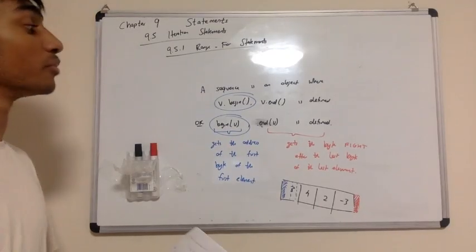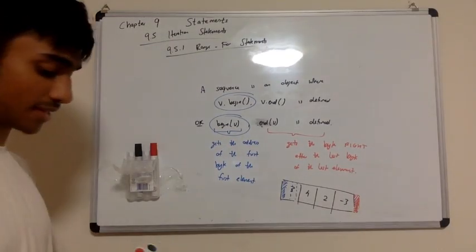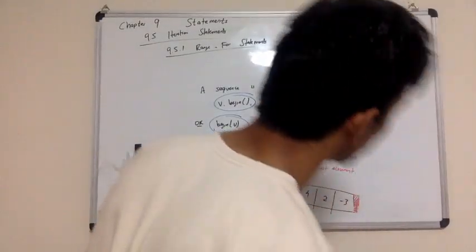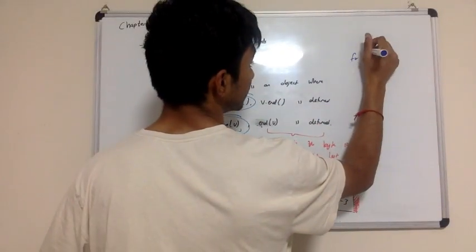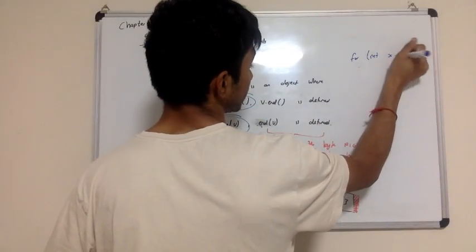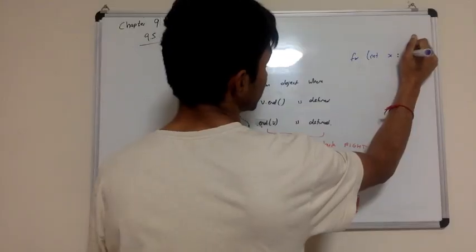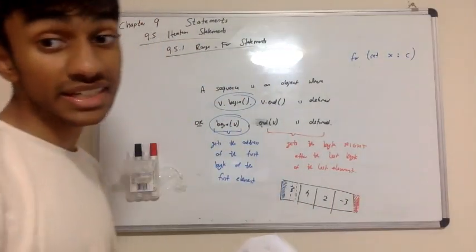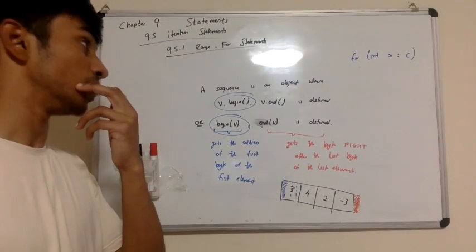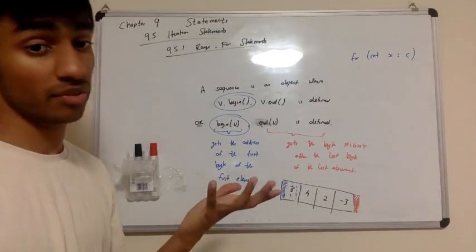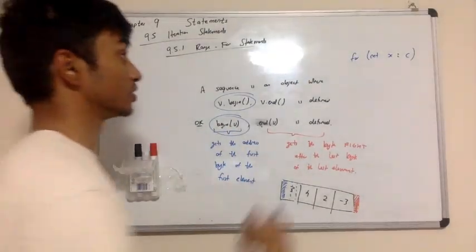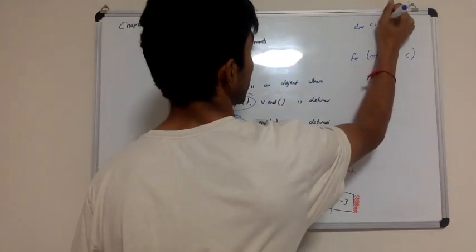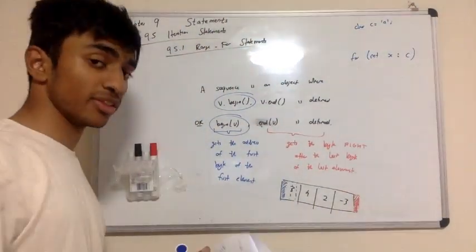Now, if you provide a type on the right-hand side of the colon, so if I do something like for int x in C, let's say, it doesn't make sense to call begin and end on C. For example, C could be a primitive type. Let's say C is a char. Imagine you declared C up top here as 'A'.